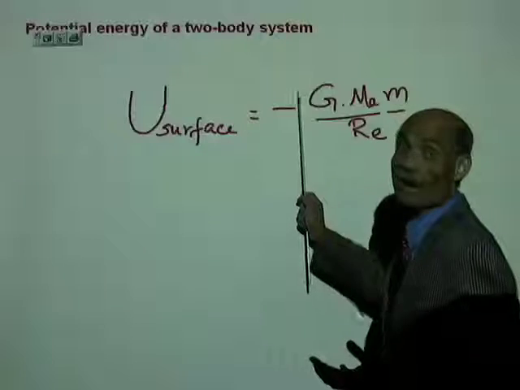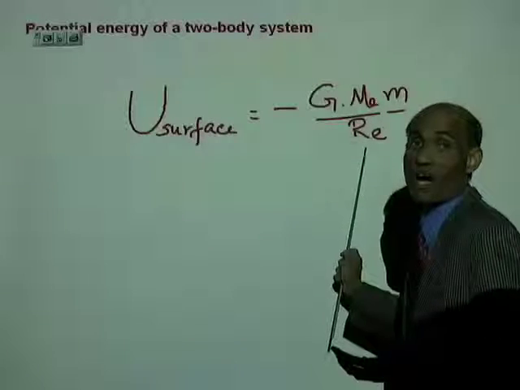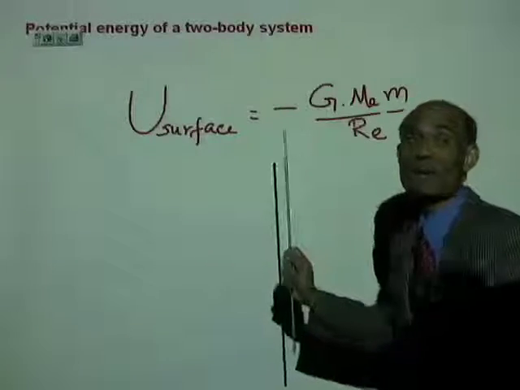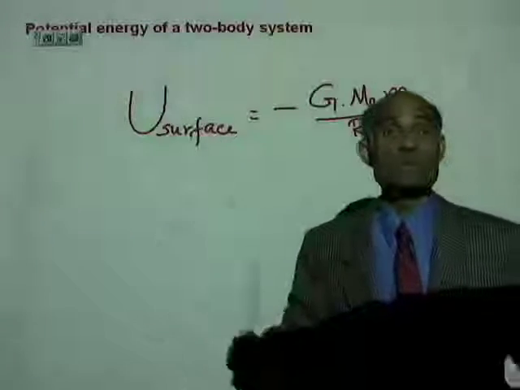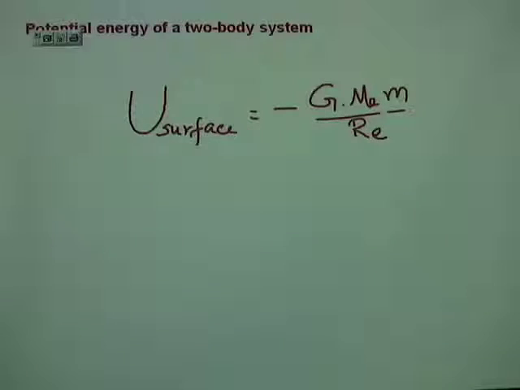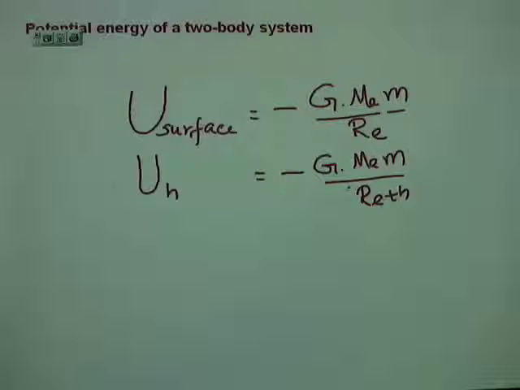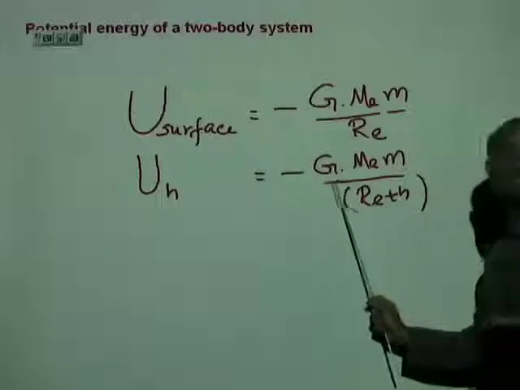If you now go higher and higher, this R_E will be replaced by R_E plus h. So what is the potential energy of an object at an altitude h? It will be negative G M_E m over R_E plus h. Well, tell me, which of these values is greater?